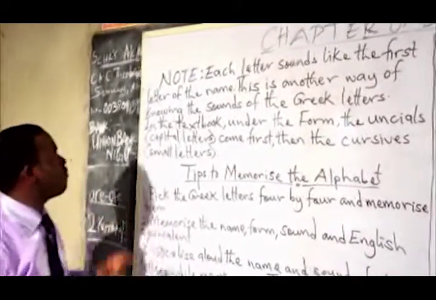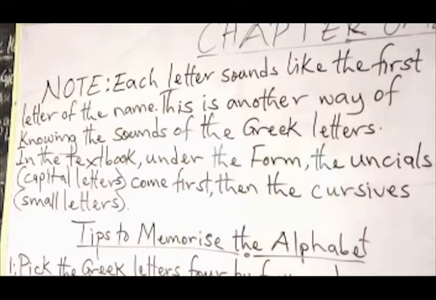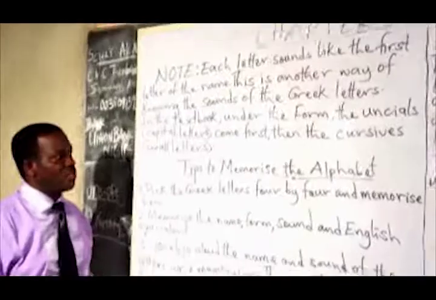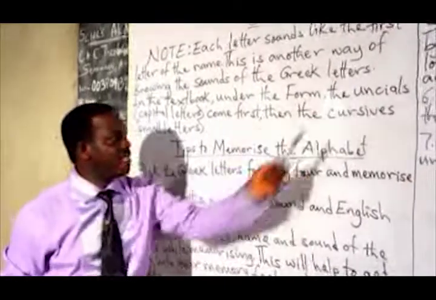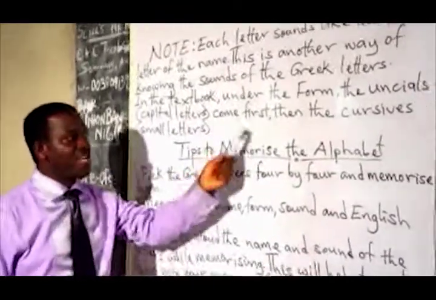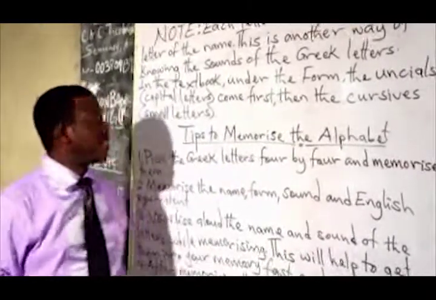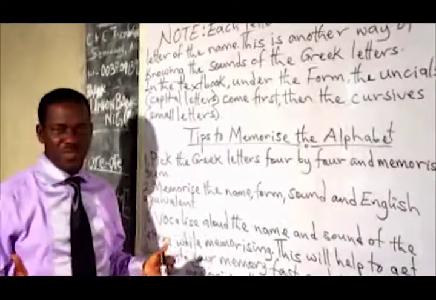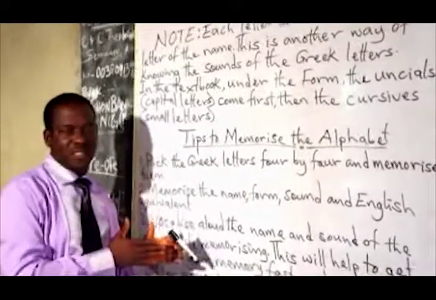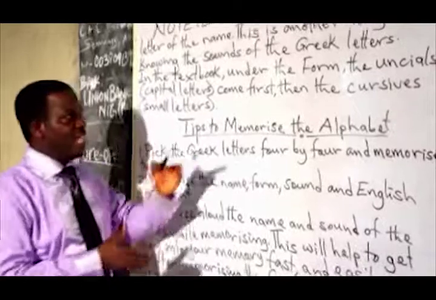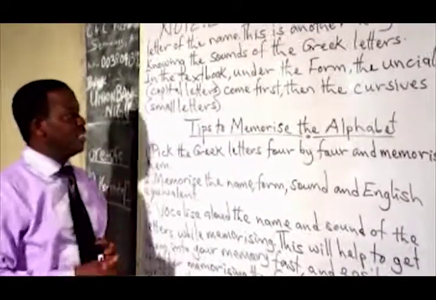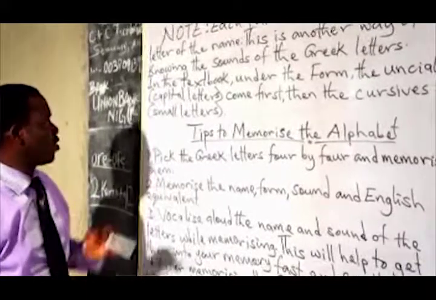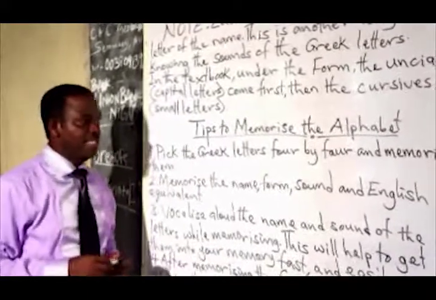In the textbook, the initials, that is capital letters, come first, then the cursives, which are the small letters. So take note of that in the textbook.